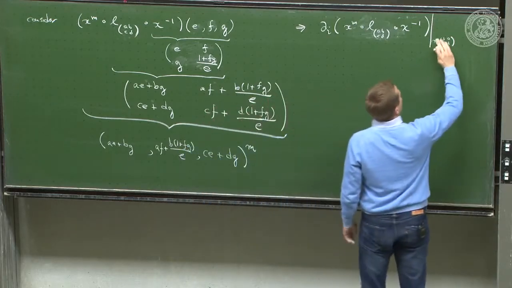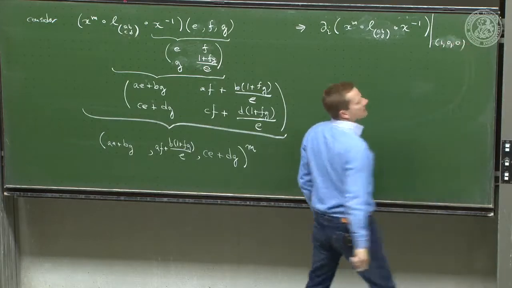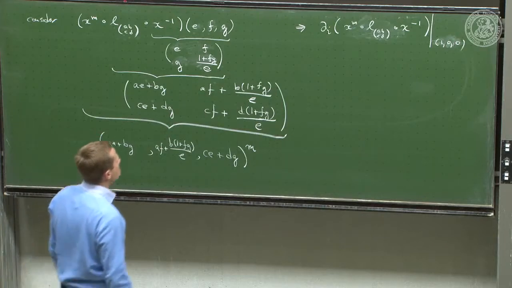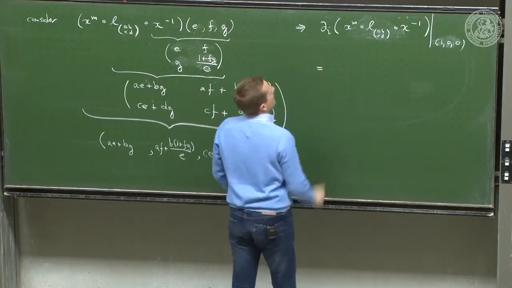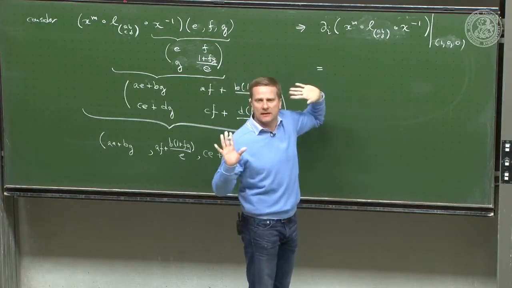But now maybe this x of 1, 0, 0, 1, we should really write it as 1, 0, 0, because that is what it is. Okay? We evaluate it there. And so what is this? Well, the result will depend on the m and it will depend on the I. They're open.